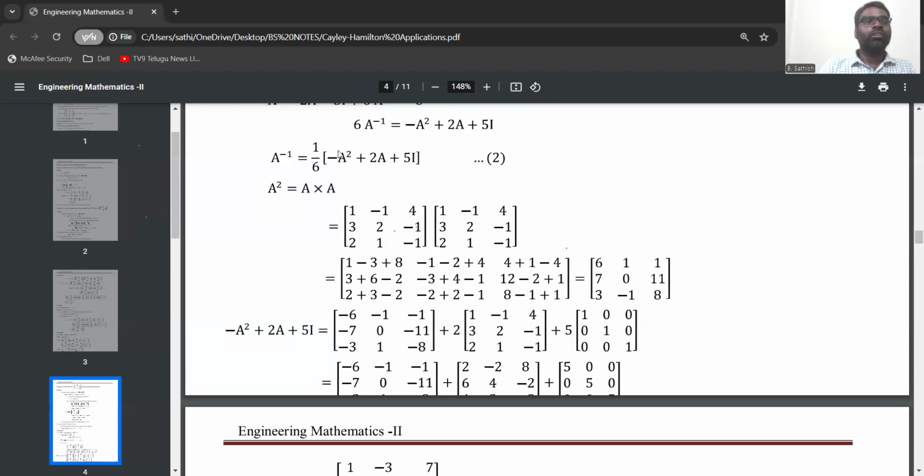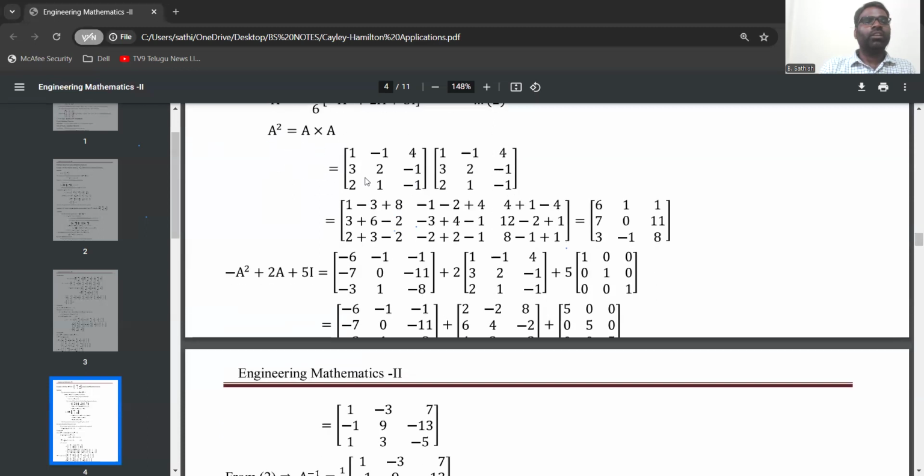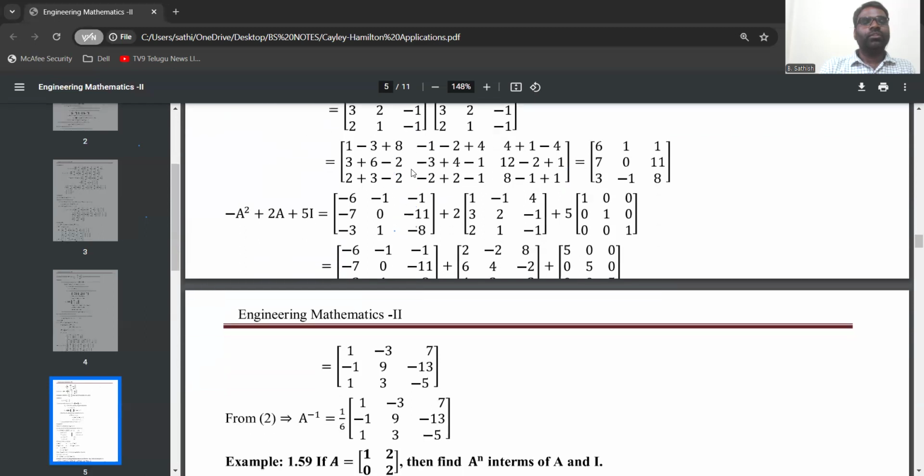So we should substitute the A square value, A value, and I value. So we require A square. So we are finding A square, that is A square equals A into A. Simply multiplying A two times, we get A square. After simplification, we get 6, 1, 1, 7, 0, 11, 3, minus 1, 8.